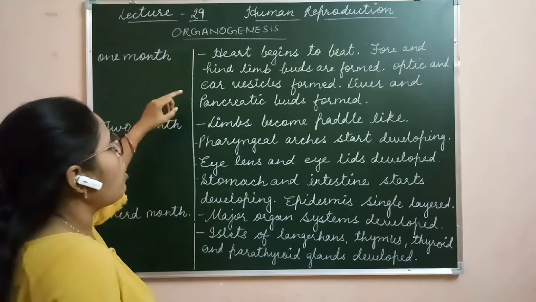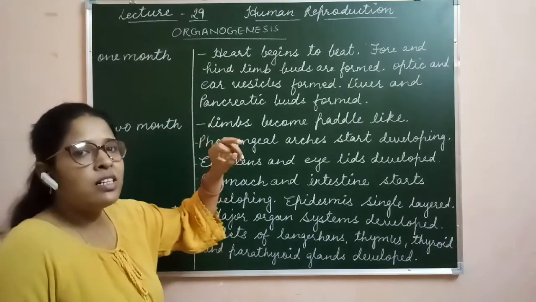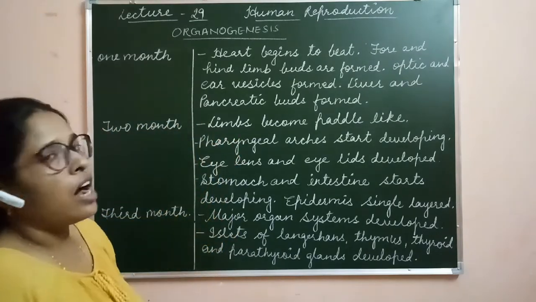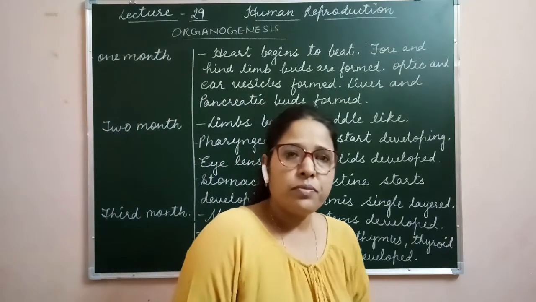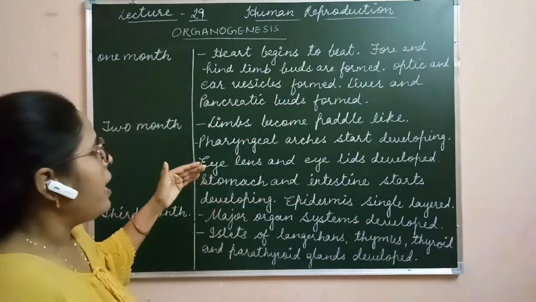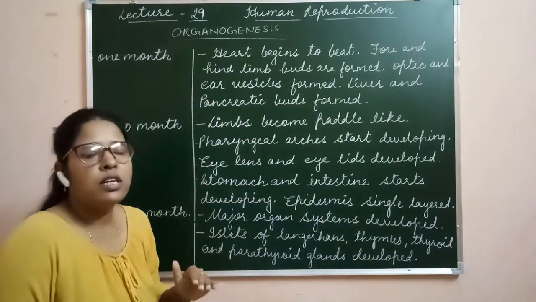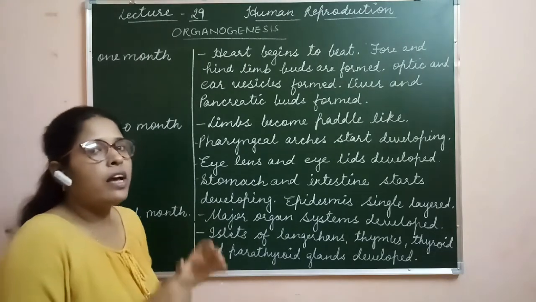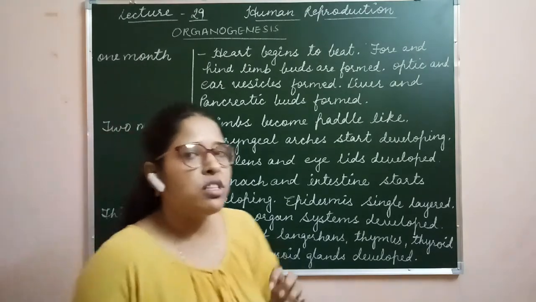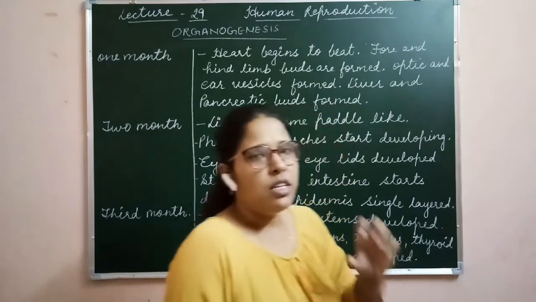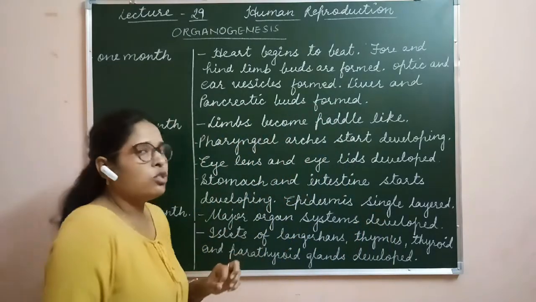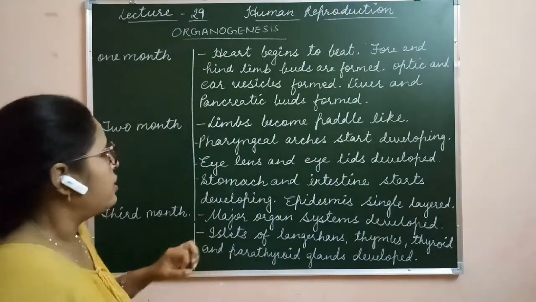Next, the optic vesicles and the ear vesicles are also formed, and liver and pancreatic buds also start forming at the end of the first month of pregnancy.